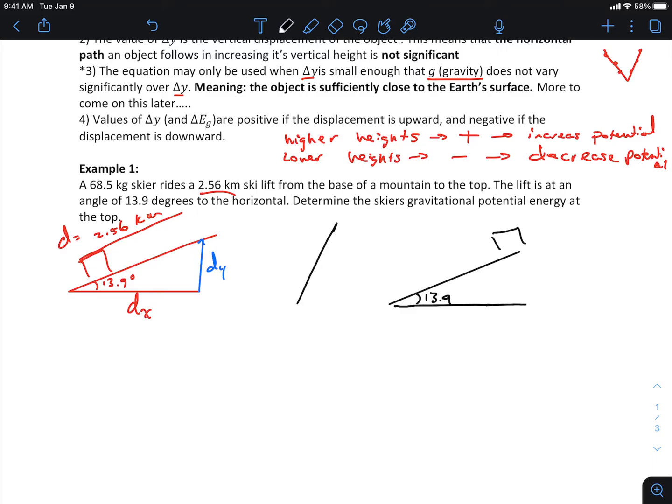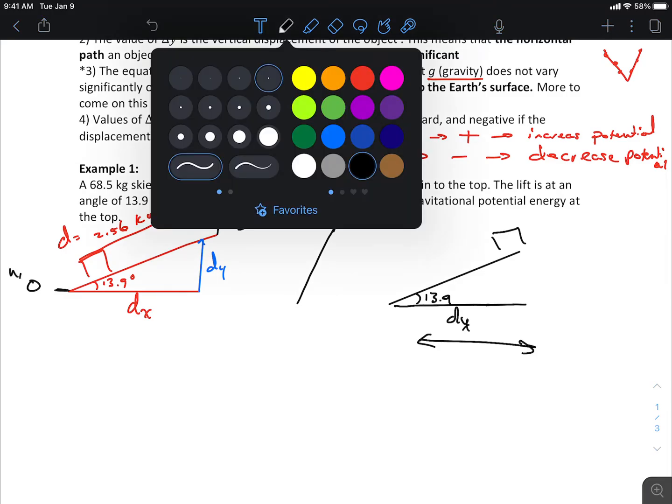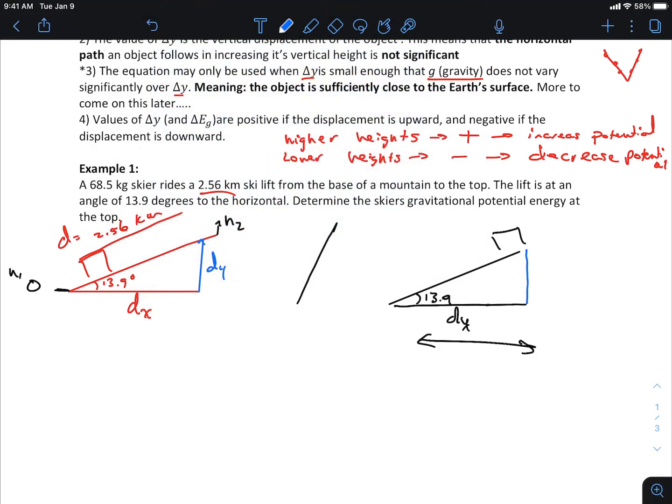Well, remember, I don't really care about dx, how far they traveled in the x direction. What I care about is their change in height. Initially they were down here at the height of 0 on the ground, and now they're up here, this would be h2. So how do we find this? What's the equation tell us?